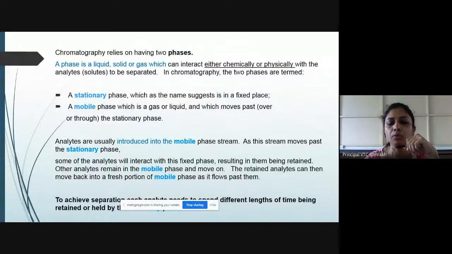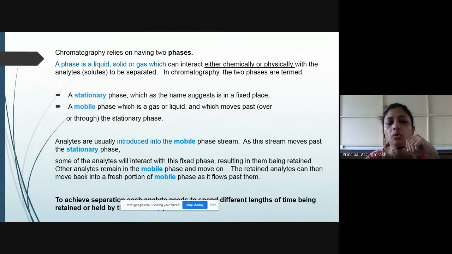So moving ahead, there are mainly two phases in any chromatography. A phase can be a liquid, solid, or gas. These phases interact with each other, chemically or physically, with the analytes which we need to separate.